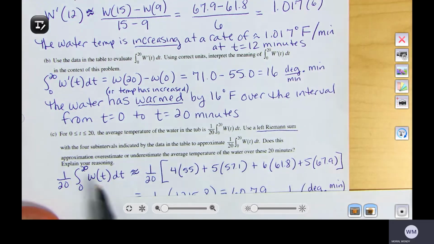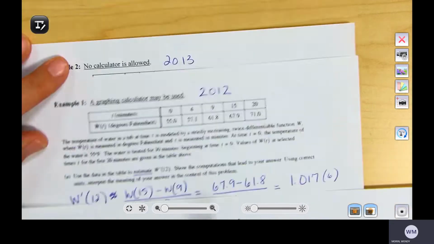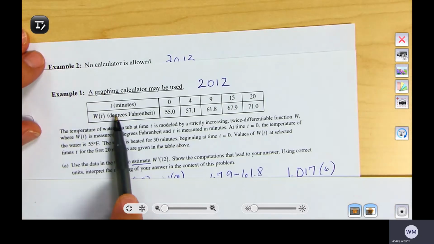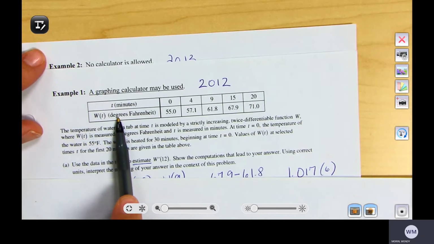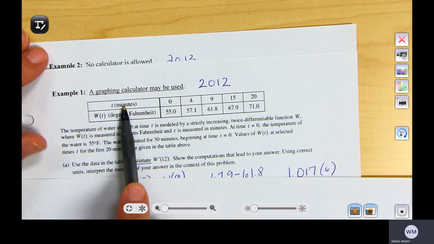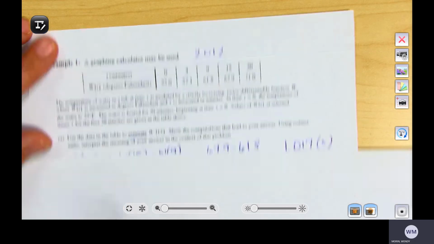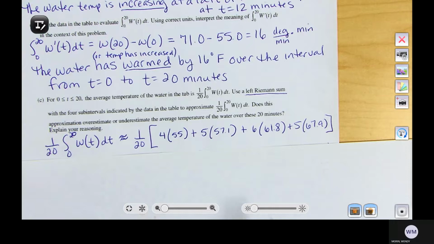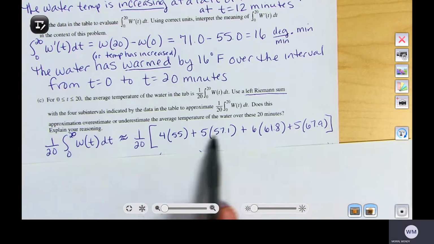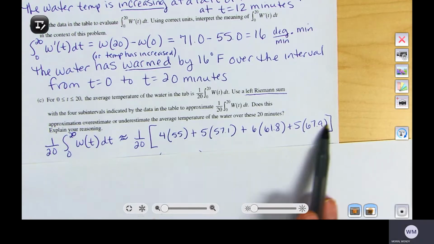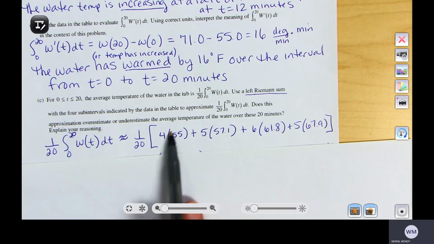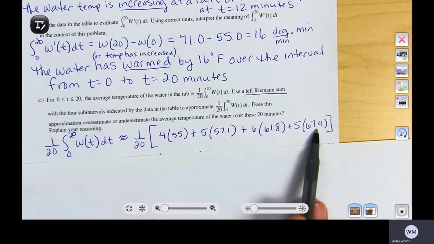But on this one, we're integrating W. So you're integrating degrees, and you get degrees times minutes. So the unit for this left Riemann sum is degrees times minutes.